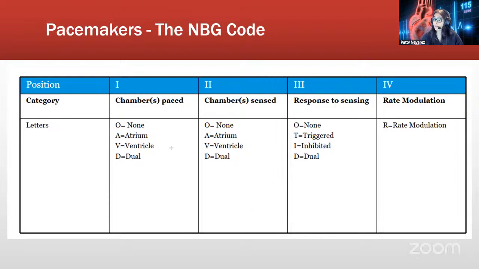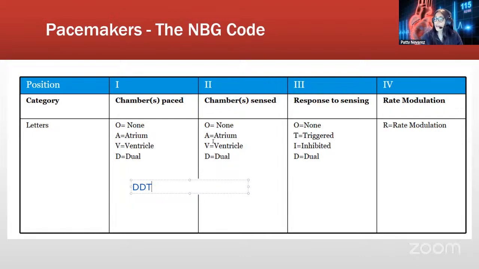We also have another type, which let's go ahead and do it here because it does exist. It's dual chamber paced, and it's going to be dual sensed, and then it's going to be triggered. So this patient needs dual chamber pacing. So atrium and ventricle are going to be paced.